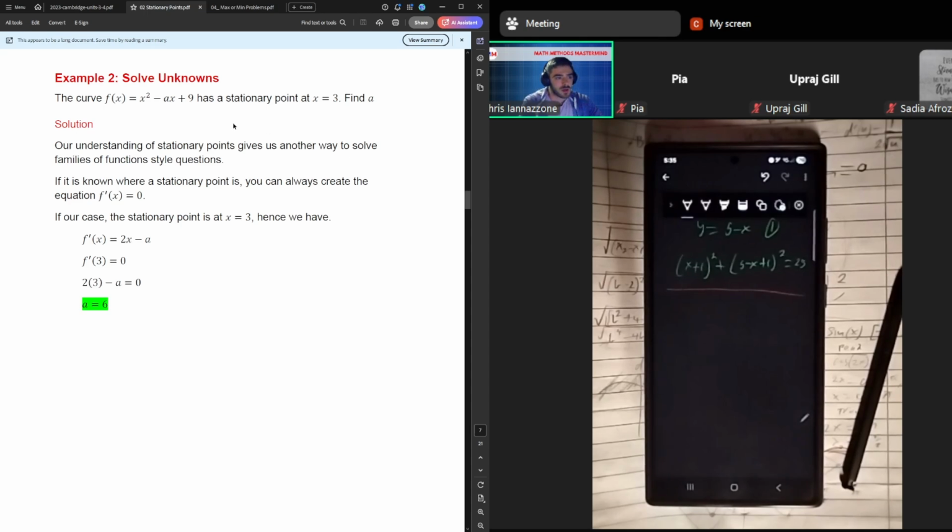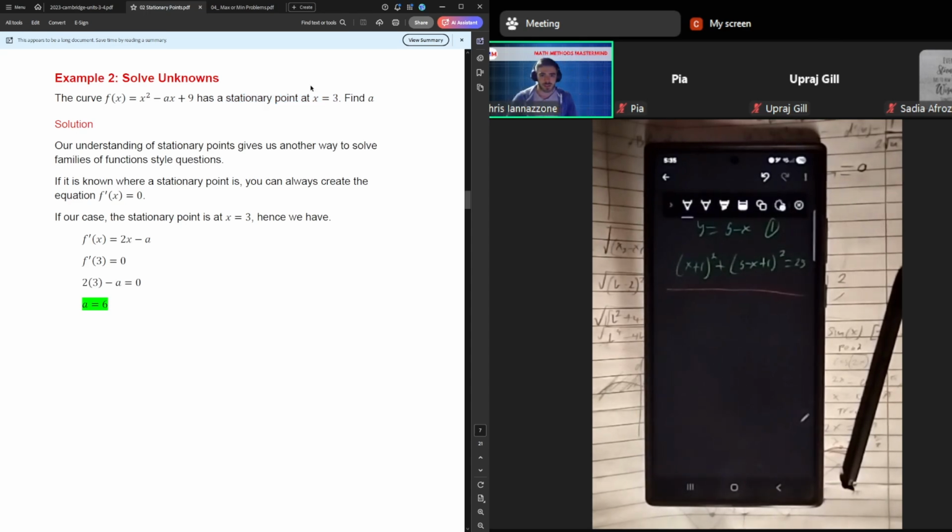So typically, when we have information about a point, we would sub it directly into the function. We would have an x and a y, leaving a on its own. However, this one only has the x coordinate. So using the strategy we've been accustomed to isn't quite going to work, at least in this case. However, something very similar will be used in this case. The fact that it's a stationary point matters a lot.